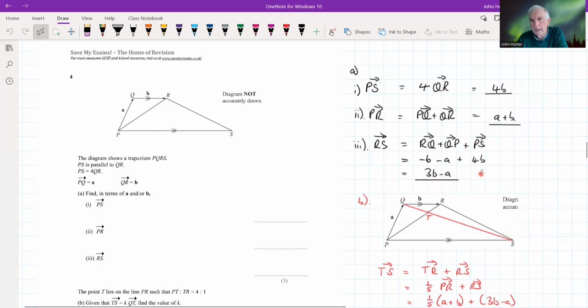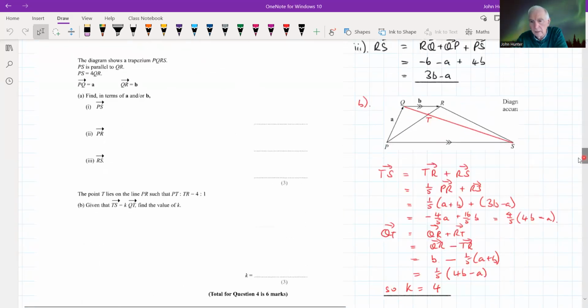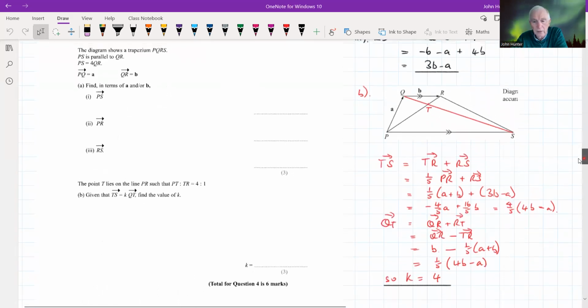So as with a lot of these vector geometry questions, there's a part A and a part B, and usually the part A's are pretty straightforward. So it's worth understanding the principles and being able to apply them just for those 3 marks, even if you don't go on to do part B. However, part B isn't really that awful either.